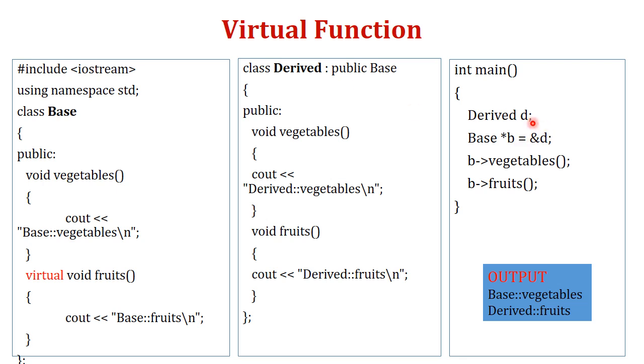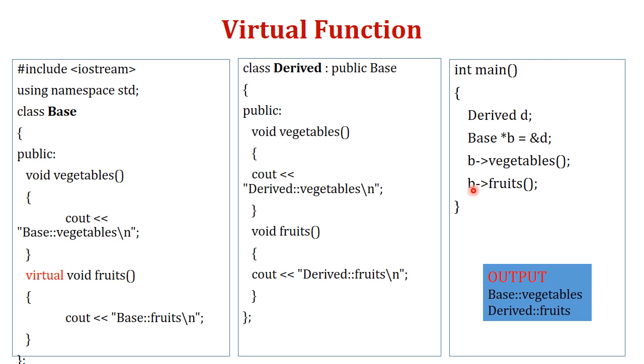The pointer variable is created from the base class. The base class pointer holds the address of the other object. So now b dot vegetable. In that case what will happen? Here vegetable is there, and in the derived class vegetable is also there. So now the compiler gets conflicted. Automatically the compiler will execute the base class function. So now the result is base vegetable.